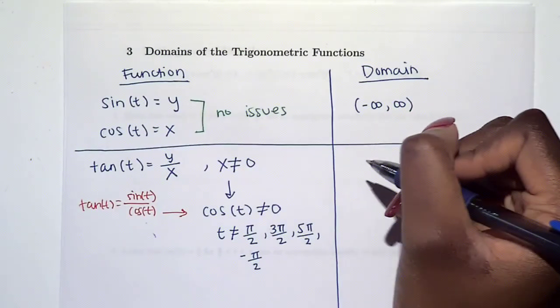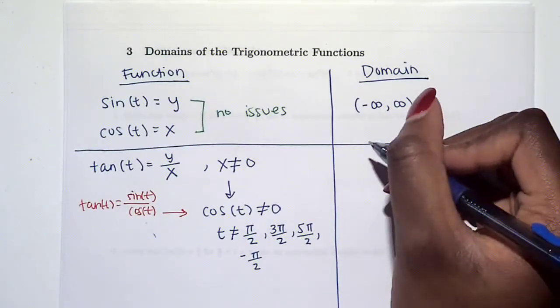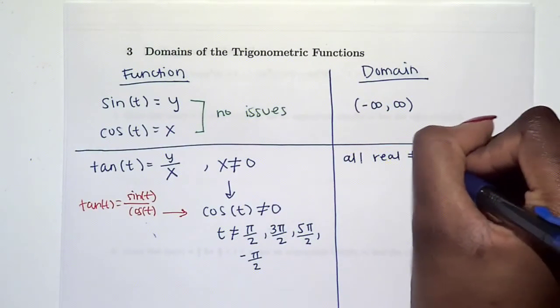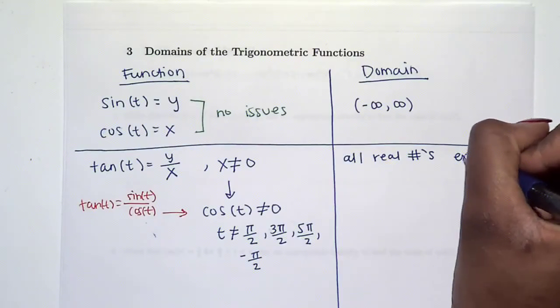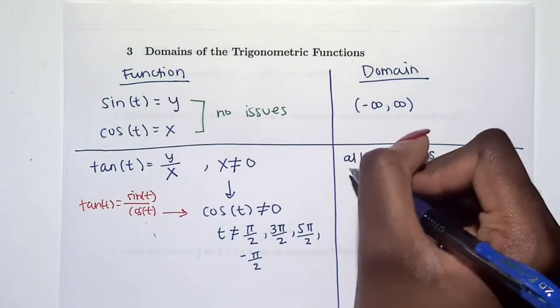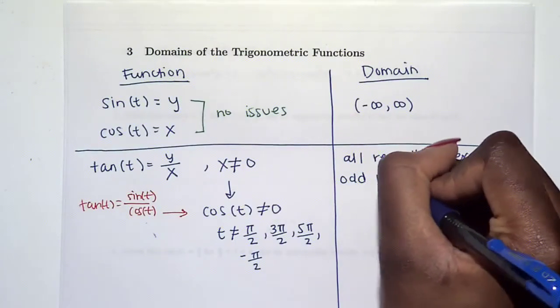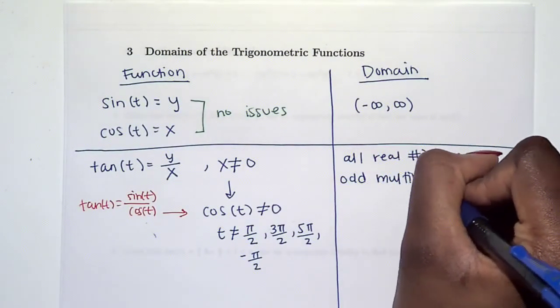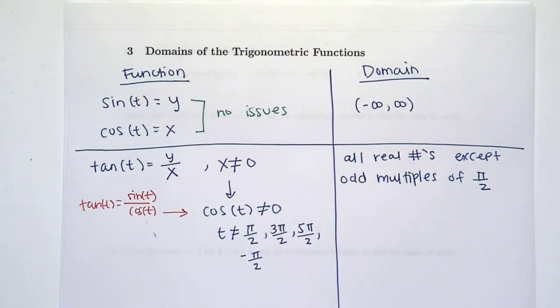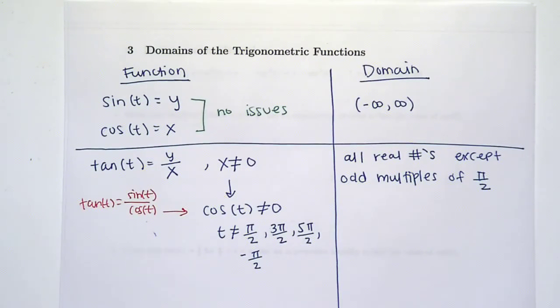So we can write that the domain of tangent of t is all real numbers except odd multiples of pi over 2. And so that classifies everything we have here. Odd multiples, so 1, 3, 5, negative 1, all odd multiples of pi over 2.